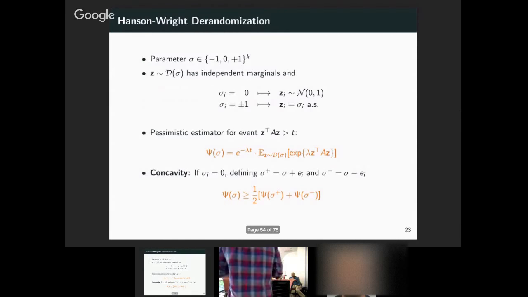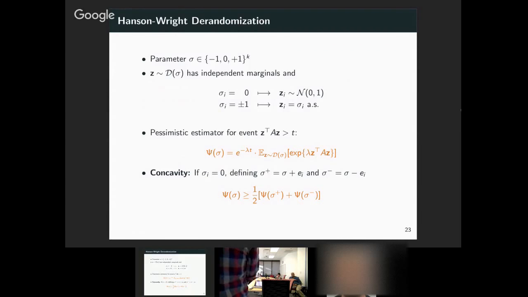The pessimistic estimator we will use is based on the Chernoff inequality. Since we know that the failure probability is upper bounded by this, we can just use this as a proxy. What's important to show, of course, is that you have this concavity property. Whenever you have a partial assignment of sigma, and there's a coordinate which has value 0 currently, so we have a Gaussian there, if you choose an assignment of sigma_i to be +1 or -1, these two on average are not worse than the original psi.